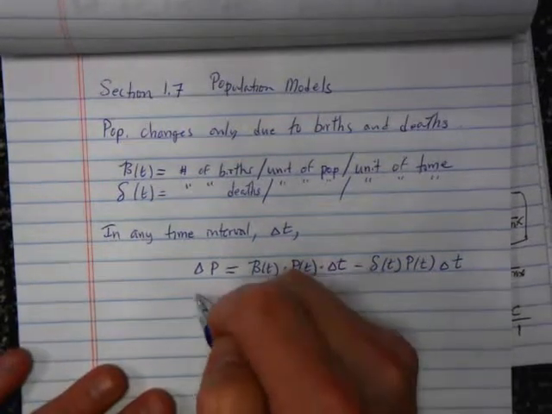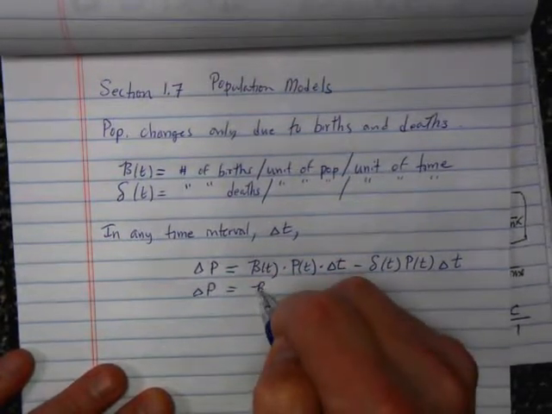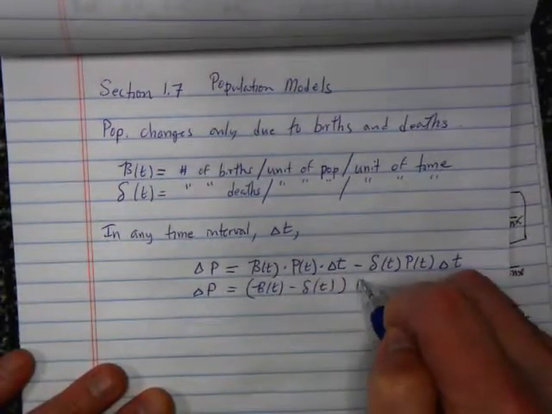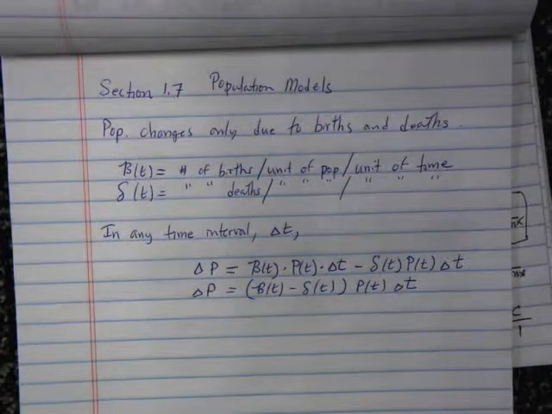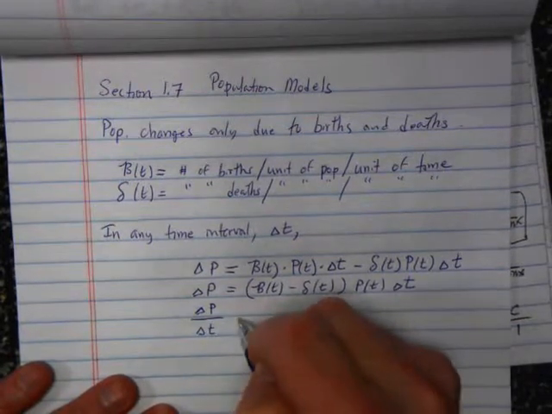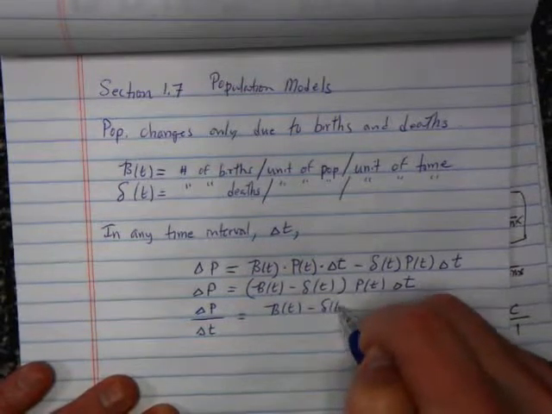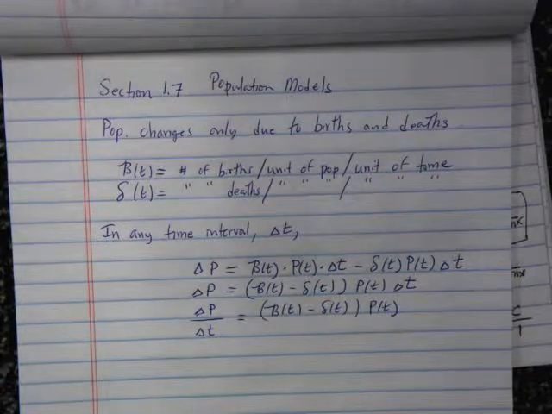Which of course gives us the change in population is beta of t minus delta of t times p of t delta t. Dividing both sides by delta t, we have delta p over delta t is beta of t minus delta of t times p of t, which looks just like a differential equation.